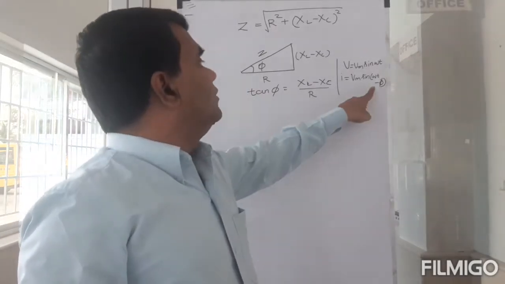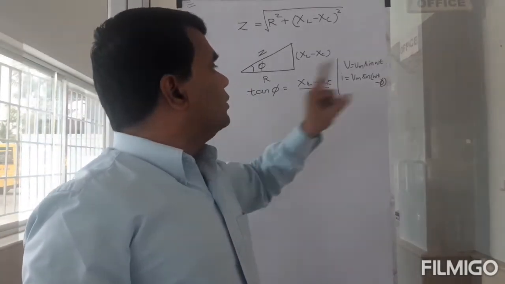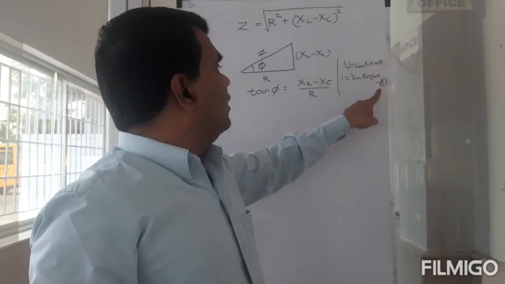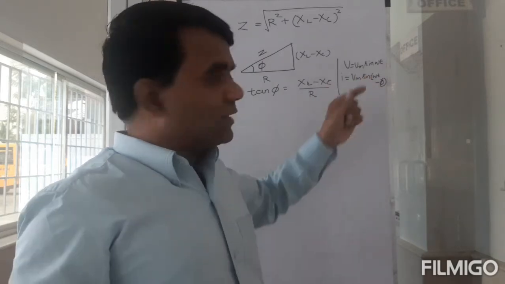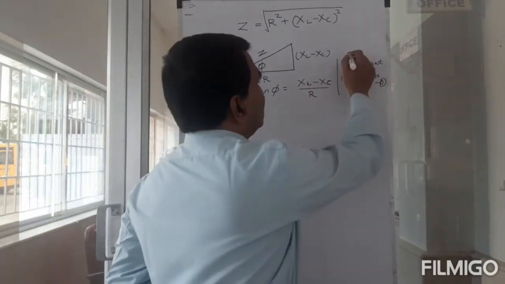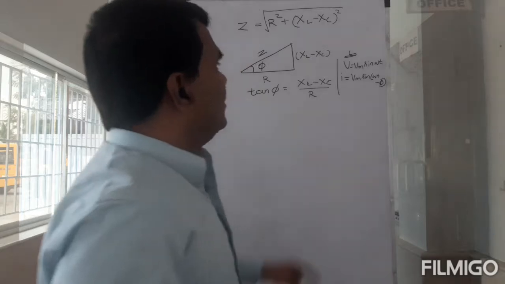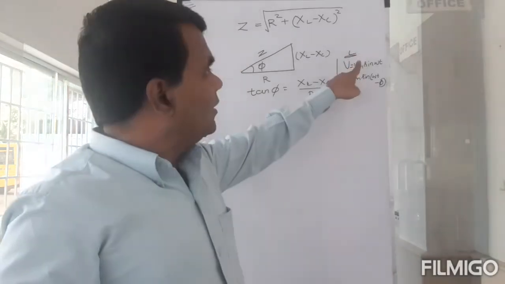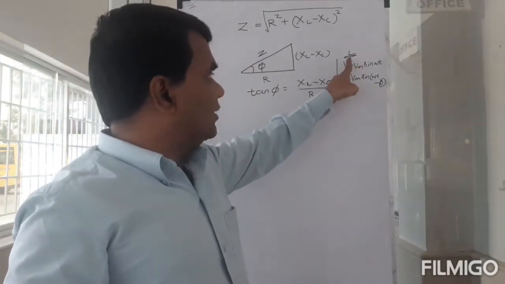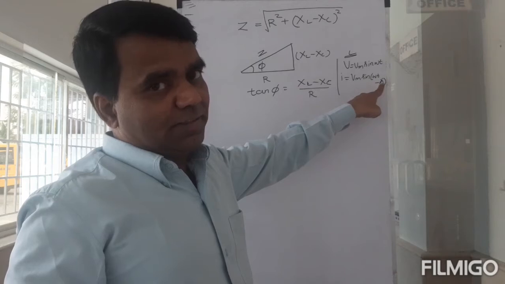Okay. So this happens in the case of inductive circuit. The current will lag the voltage by an angle phi.